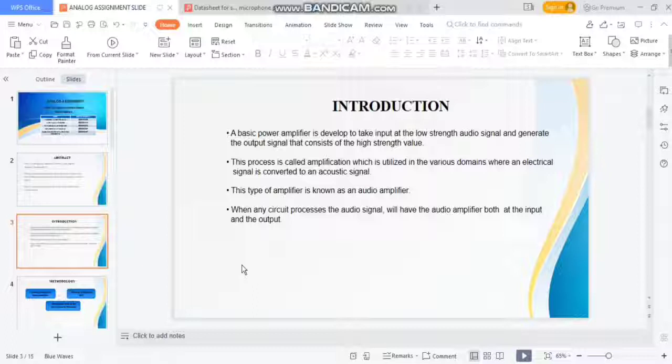This process is called amplification, which is utilized in various domains where an electrical signal is converted to an acoustic signal. This type of amplifier is known as an audio amplifier. When any circuit processes the audio signal, we have the audio amplifier. Both are the input and the output.